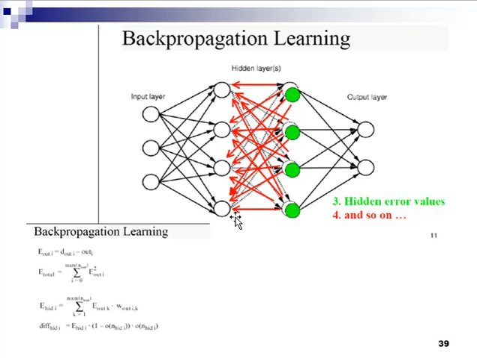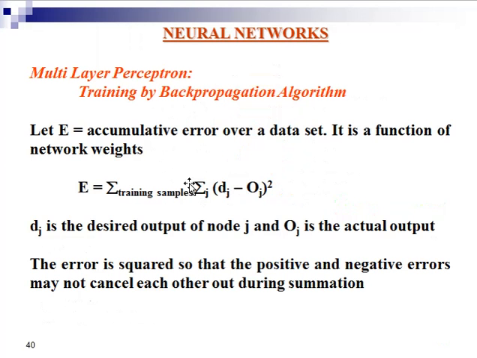And in the same way, if we have another hidden layer here, then these errors will be computed from this hidden layer, and then these errors will be transported back to the previous hidden layer. So this procedure will be followed for each layer and for each neuron in each layer, right? Okay.